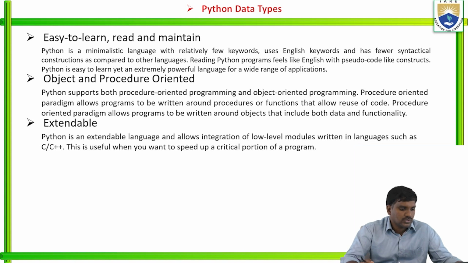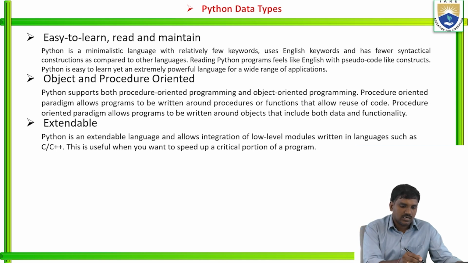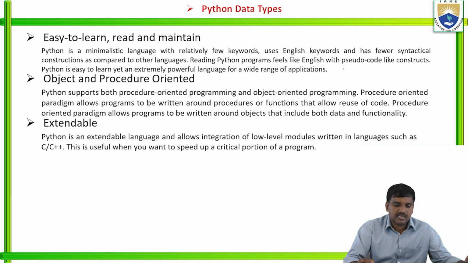Let's continue. Python is easy to learn, read and maintain. Python is a minimalistic language with relatively few keywords. It uses English keywords and has fewer syntactical constructions compared to other languages. Reading Python programs feels like reading English with pseudocode-like constructs.